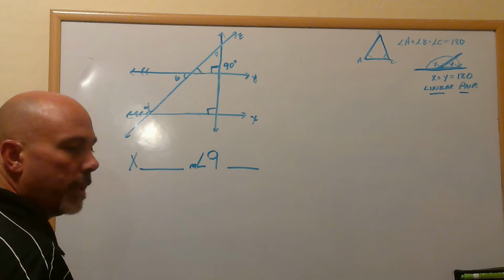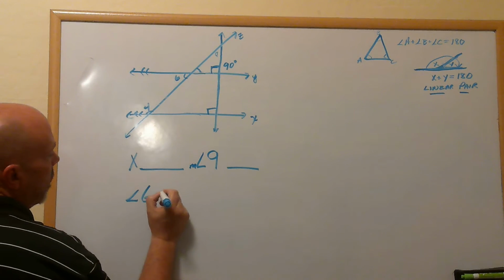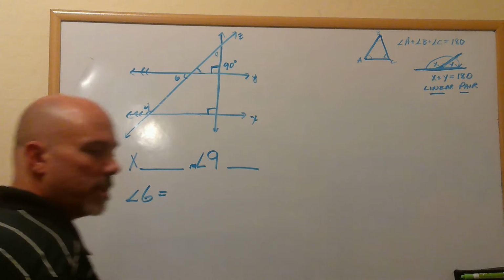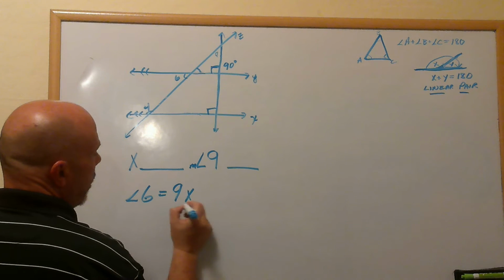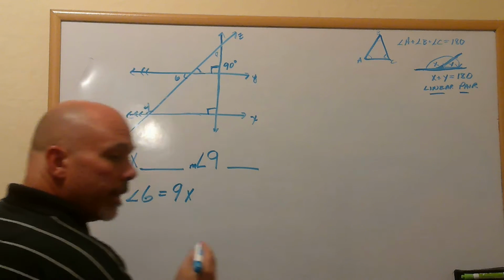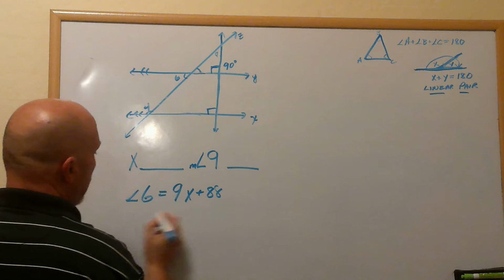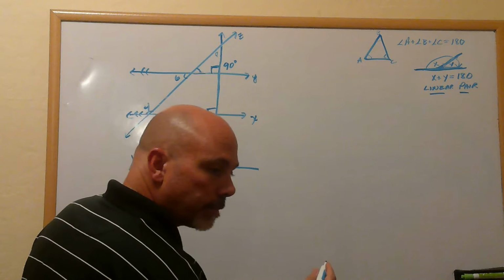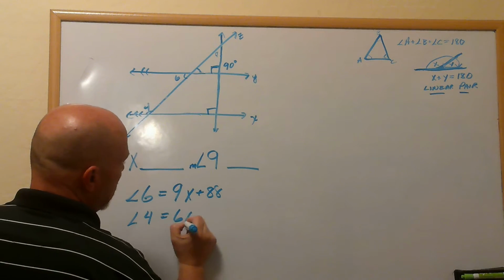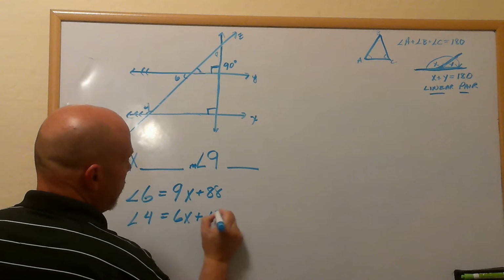Again, I picked this one because it gives us a couple different steps. Now, the problem gave us a couple of expressions, and when they give us expressions, that means that there's going to be a variable in it. This says angle 6 equals 9x plus 88, and then angle 4 is going to be 6x plus 182.